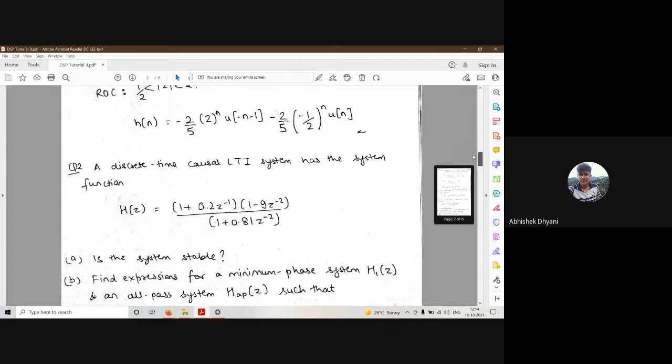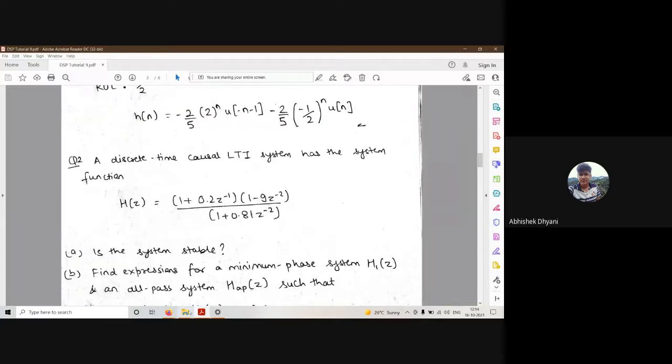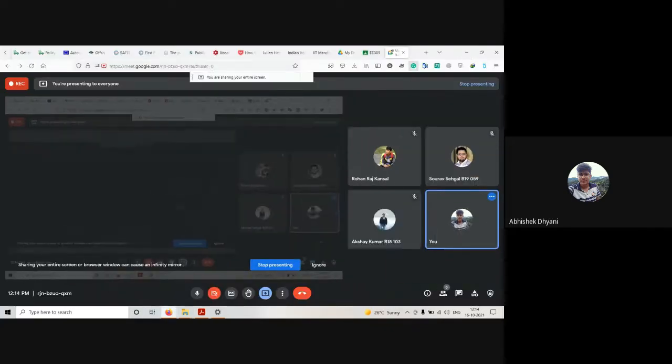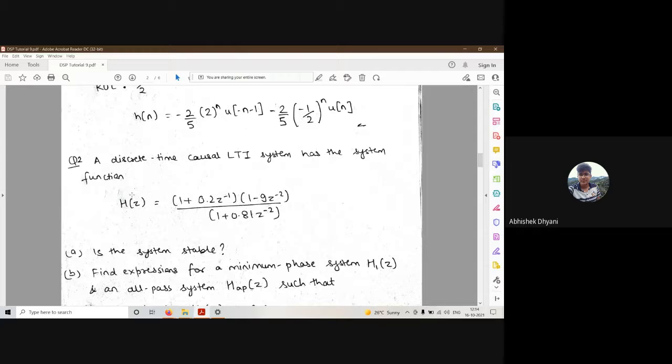Let's see another question. Okay, so in this question, we have been given a discrete time causal LTI system. This is the system function h of z, and we first of all have to determine whether the system is stable. So actually, let me just ask you guys, what do you think? Is this system stable or not?